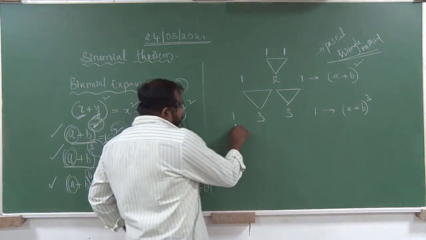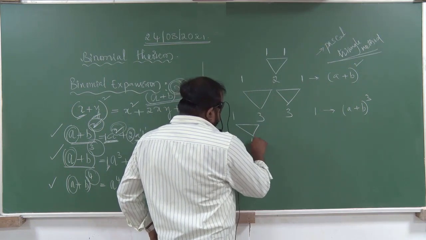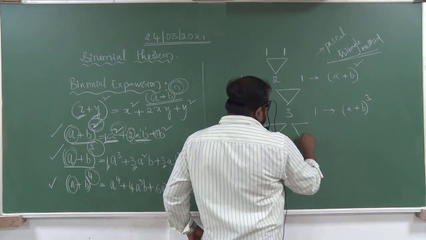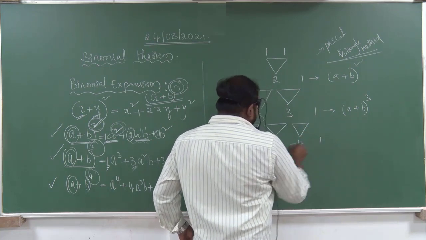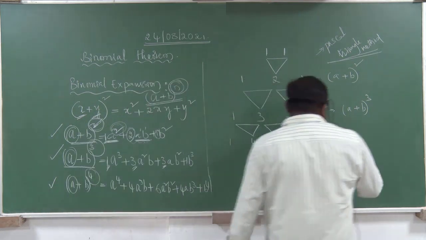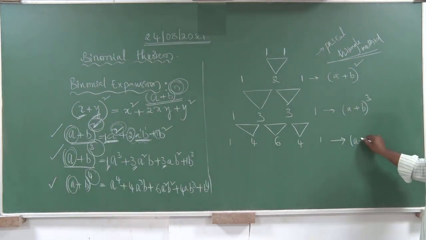Next, add these two, 4, add these two, 6, add these two, again 4 you will get, again keep 1, 1. So these are the binomial coefficients whenever the expansion is (a + b) to the power 4. Okay.